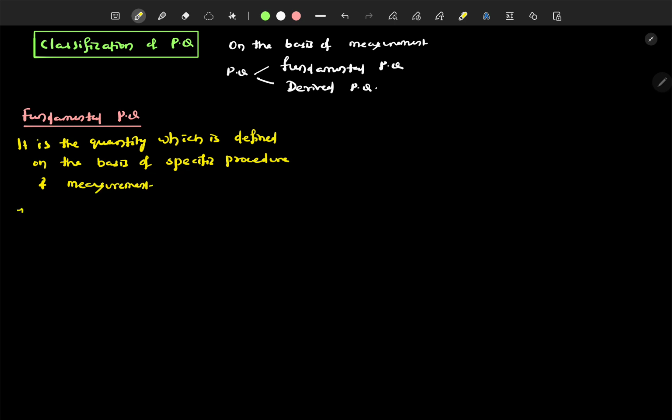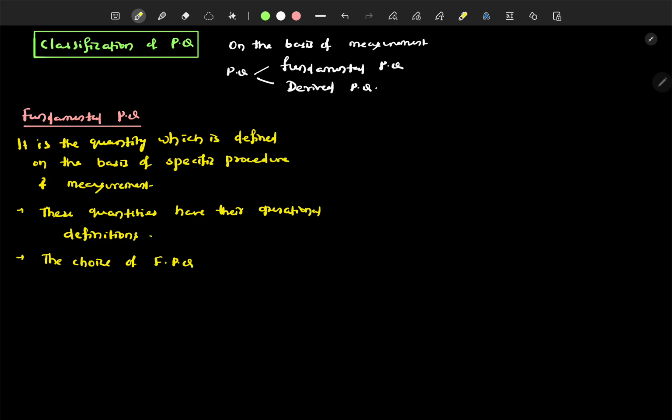Also remember, these quantities have operational definitions. That means they are fixed. The choice of fundamental quantities is arbitrary. In theory, we can write: the choice of fundamental physical quantities, FPQ for short, is arbitrary.